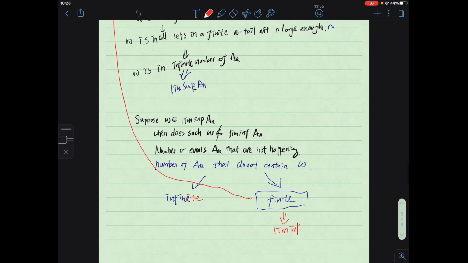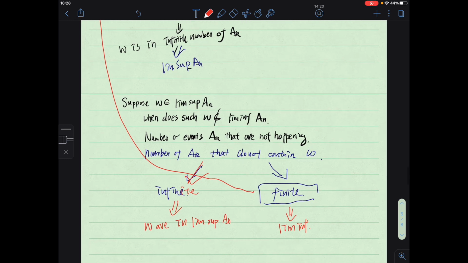So this part contains omega in the limit superior, but not in the limit inferior. Omega is in the limit superior indeed, because that's how we divided the limit superior set.